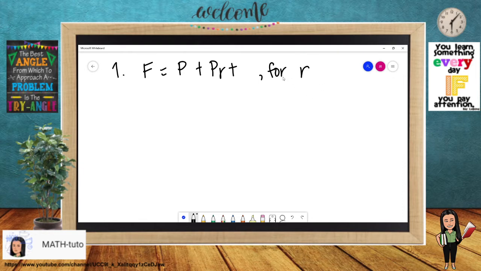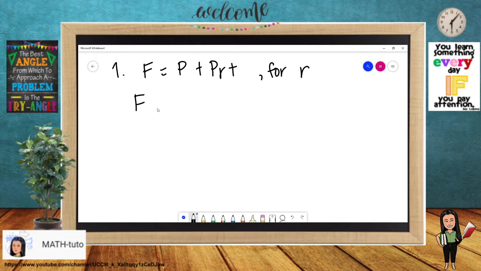In this case, we isolate PRT since it has R. When we apply the addition property of equality, the term goes to the other side of the equation with the opposite sign.